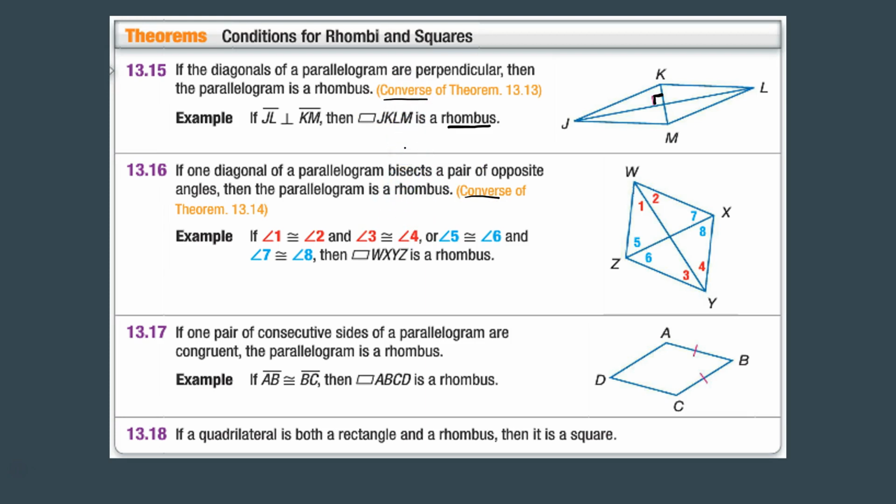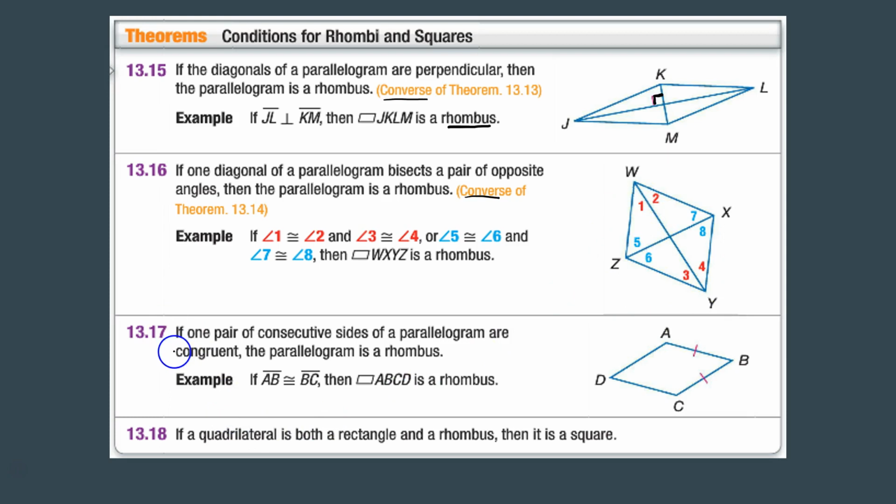These should look pretty familiar because we did go over it, except in reverse. This time we're saying if angles 1 and 2 are congruent, and 3 and 4 are congruent, or 5 and 6, and 7 and 8 are congruent, then we have a rhombus. Before we said if we have a rhombus, then these angles are congruent.